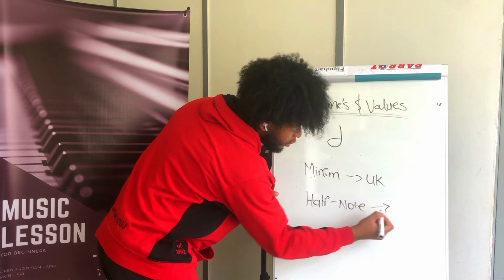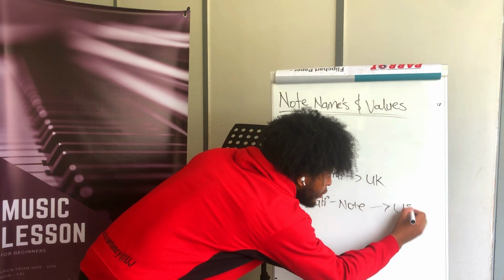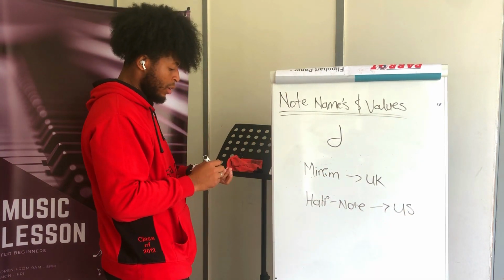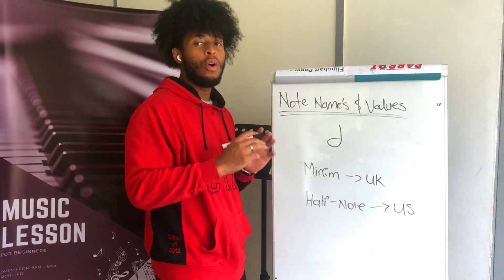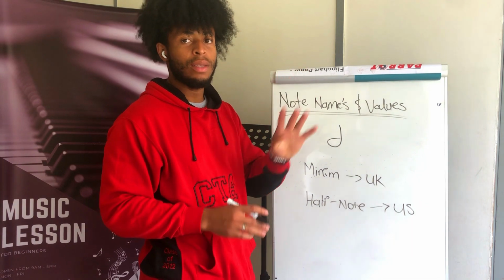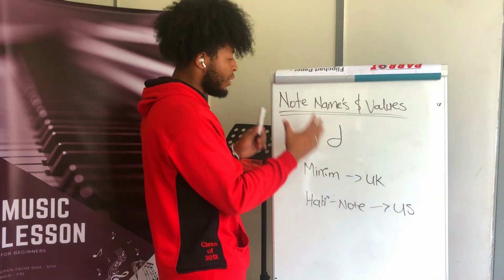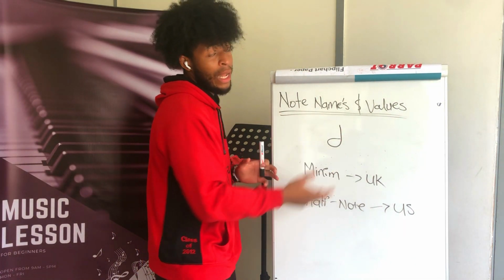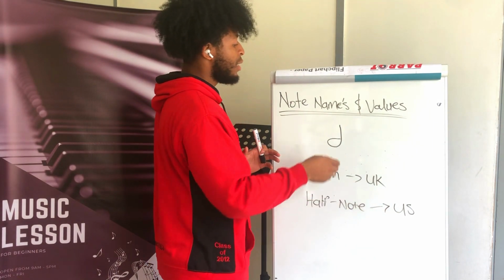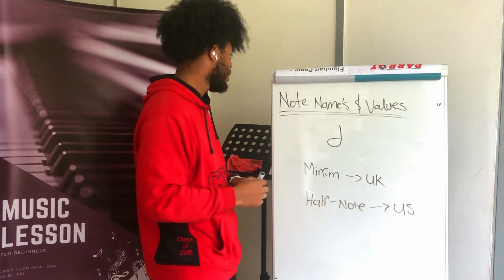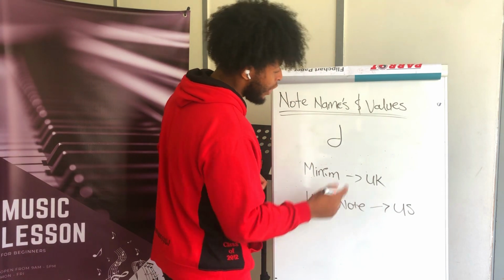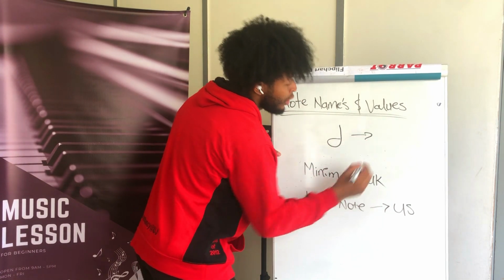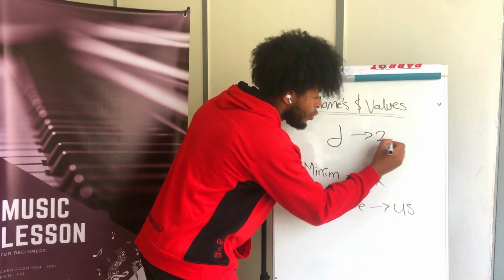Remember the first one we had was the semi-brief, whole note, 4 counts. That's the value. Now this one is almost like the semi-brief, but the only difference is it has a stem. So this one is known as minim or half note, and the value is 2 counts.